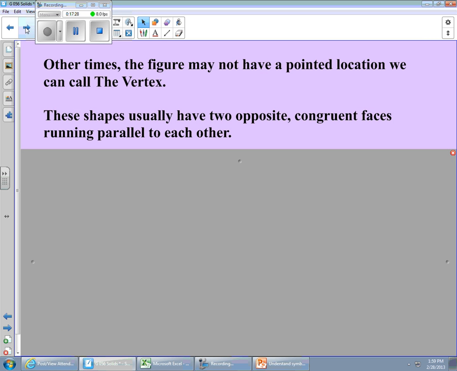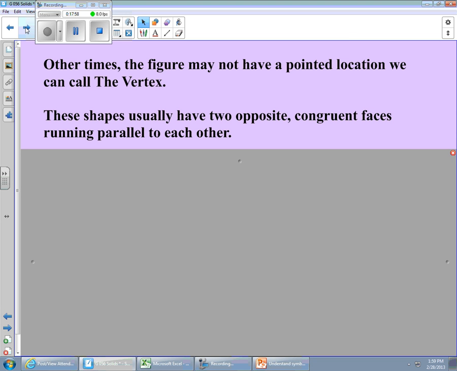Now other times, the figure may not have this pointed location that we were talking about that we can call the vertex. Typically when it doesn't have that, then what we do have is a figure that usually has 2 bases. And here's where we're coming back to this. We said we'd define better what bases are. Here's the better definition.